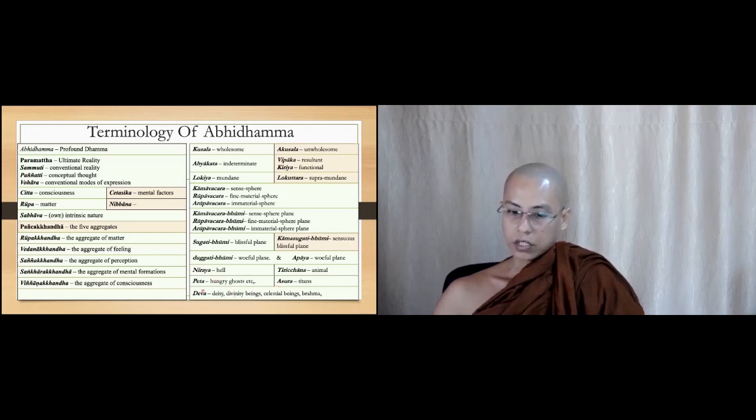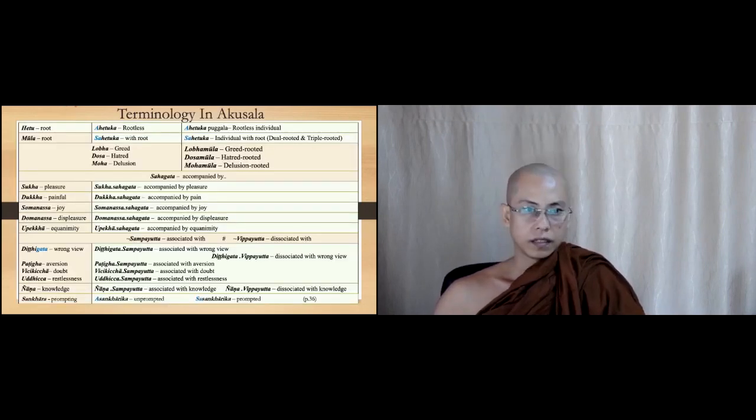Then the usage Deva, translated as deities or divine beings, celestial beings, or sometimes it includes the Brahma too. Deva is usually understood as the beings from the 6 Deva realms. But sometimes the word Deva covers the Brahma too. So all Deva and Brahma celestial beings can be called by the word Deva.